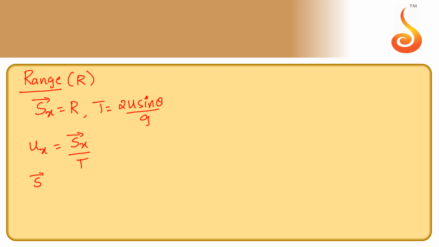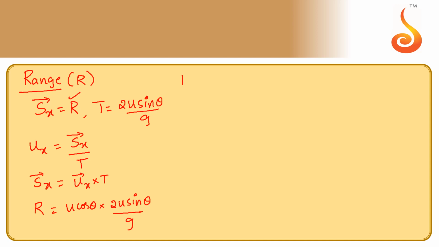Therefore, displacement along x direction is equal to velocity along x direction times t. Displacement along x direction is range. Velocity along x direction is u cos theta, into time 2u sin theta by g.